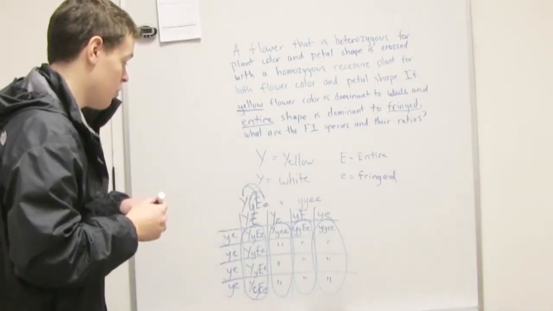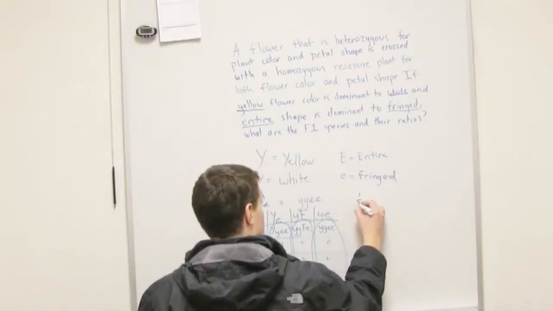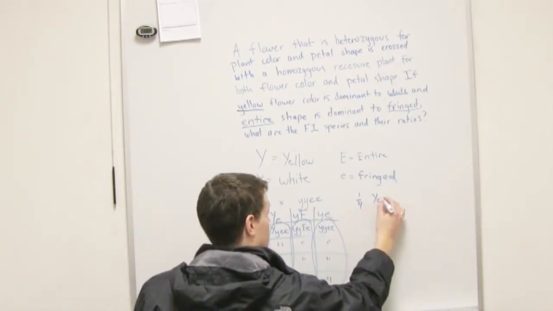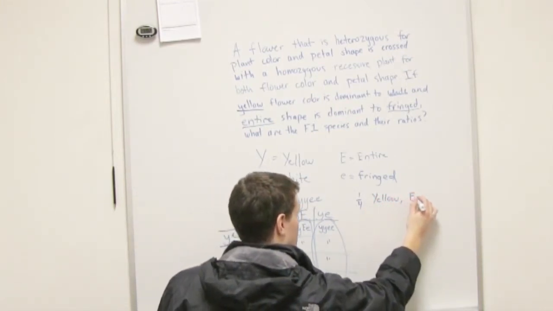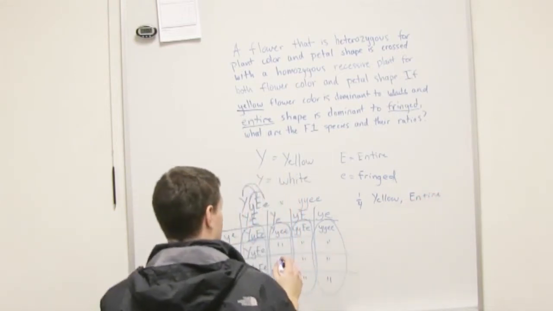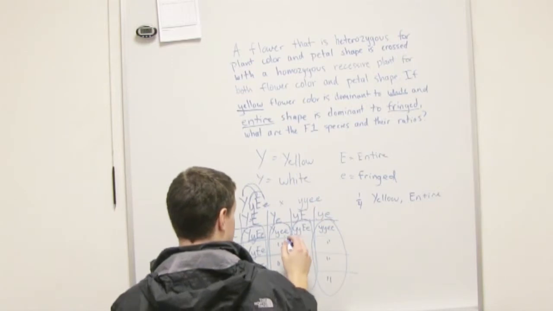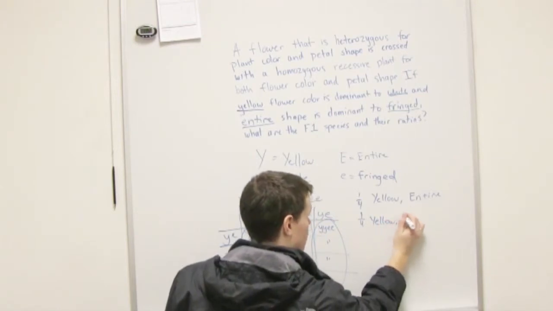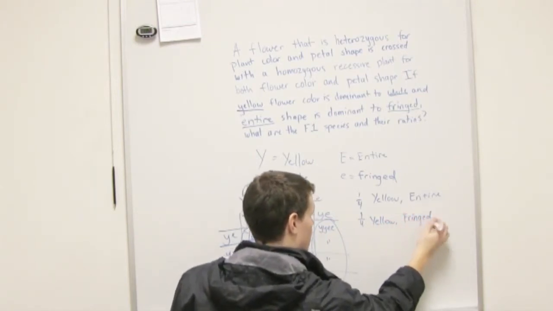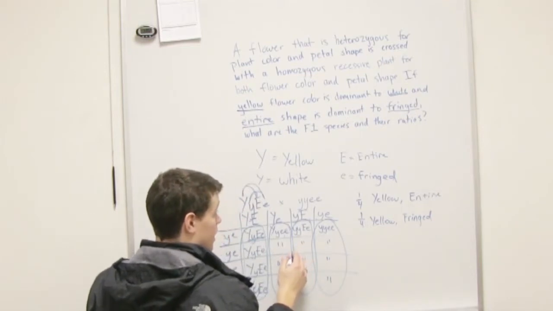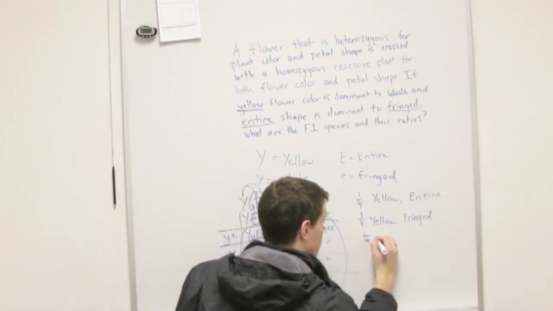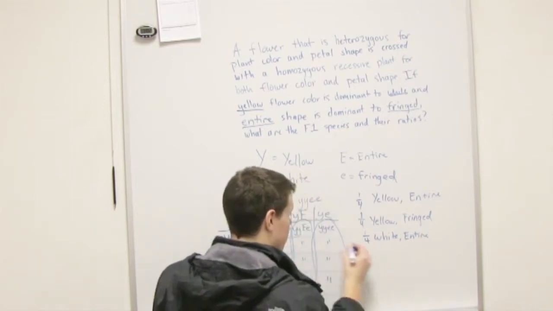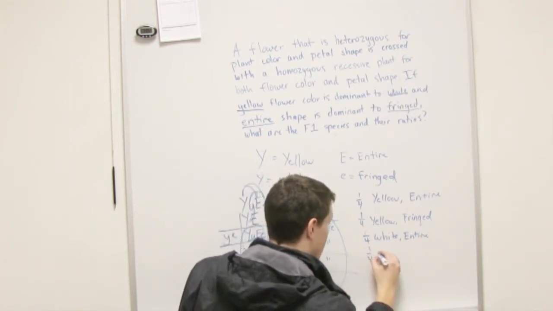So in this example, we have 1/4 yellow and entire, with 1/4 yellow and fringed, with 1/4 white and entire, and 1/4 white and fringed.